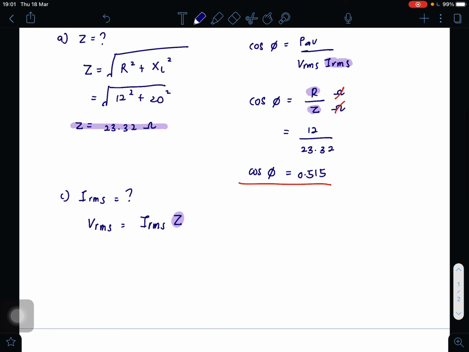So just masukkan VRMS adalah sama dengan 240 equal to IRMS times Z. So akan dapat IRMS equal to 10.29 ampere.